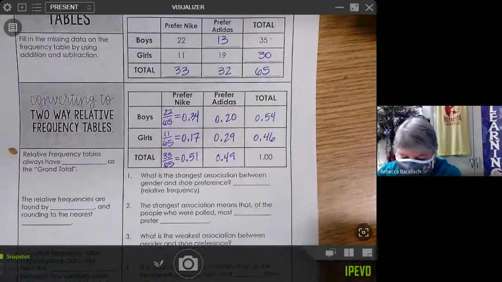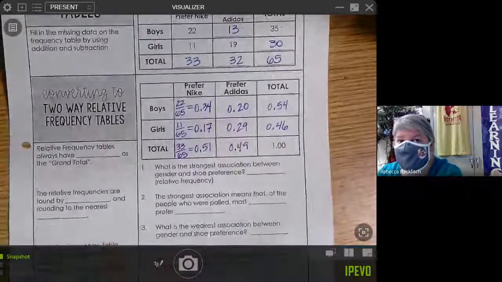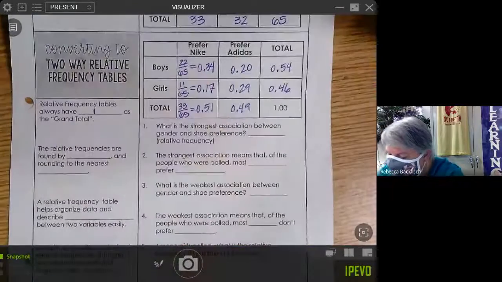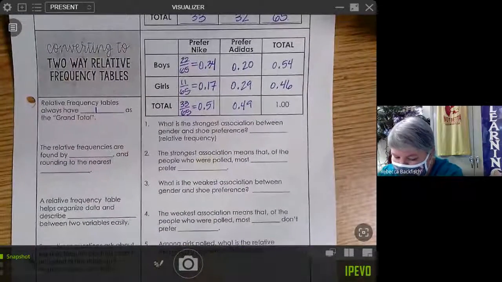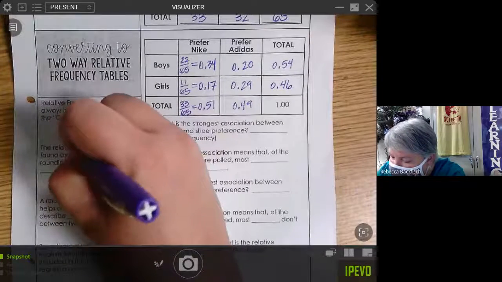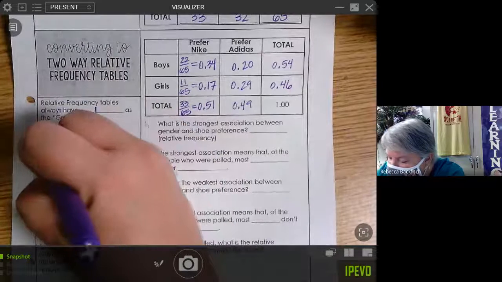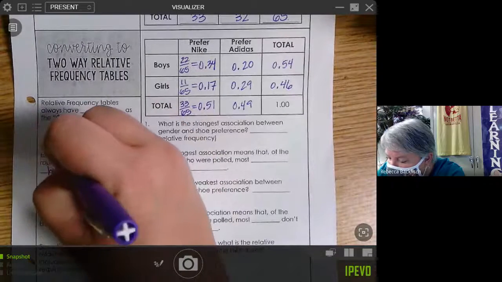Okay, so relative frequency notes over here. Relative frequency tables always have 1 as the grand total. Relative frequencies are found by dividing and rounding to the nearest hundredth.